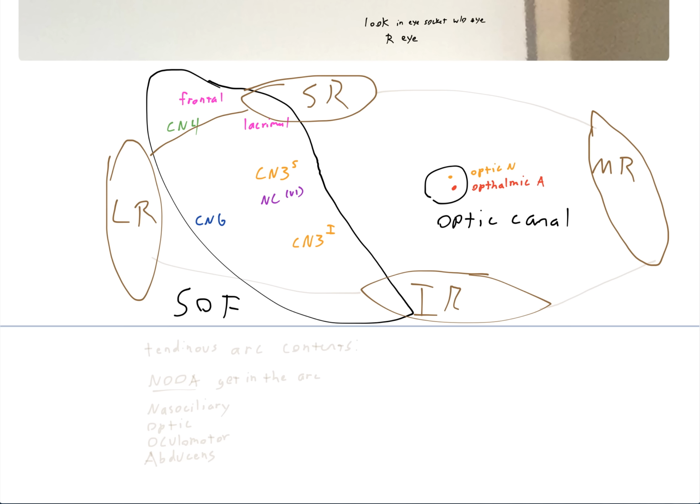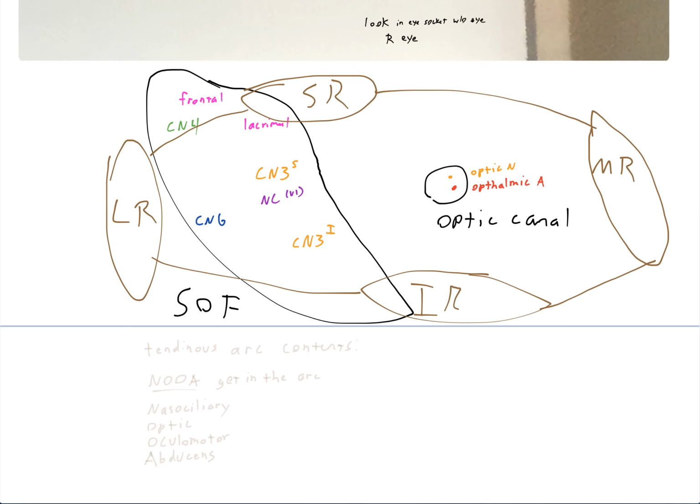The way I remember it: Noah, get in the ark. Biblically speaking, Noah, ark. So, N-O-O-A.